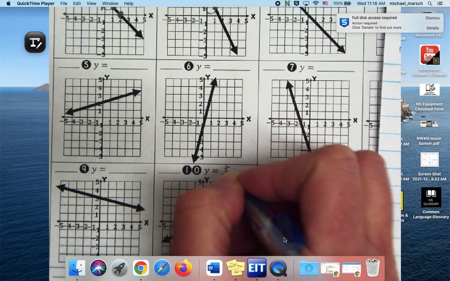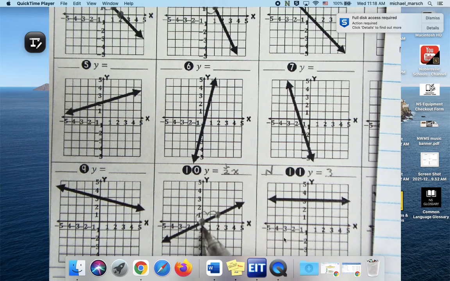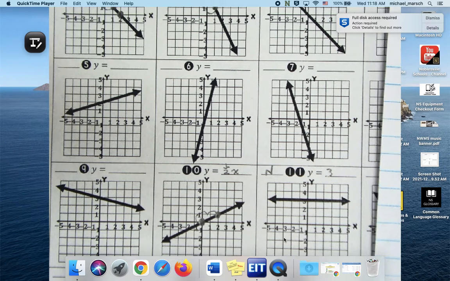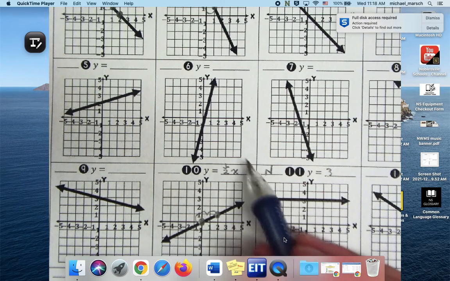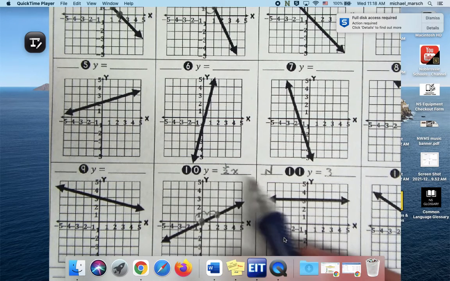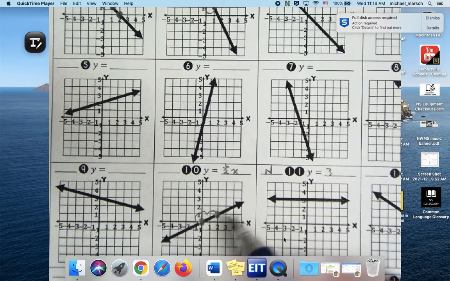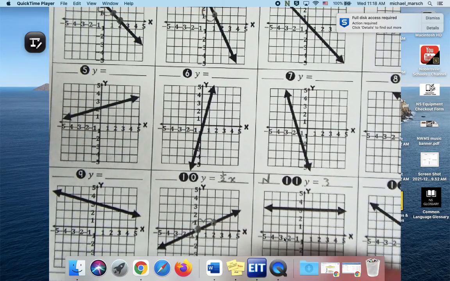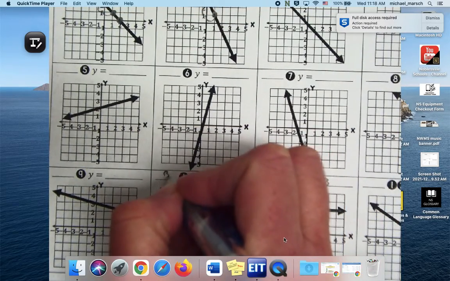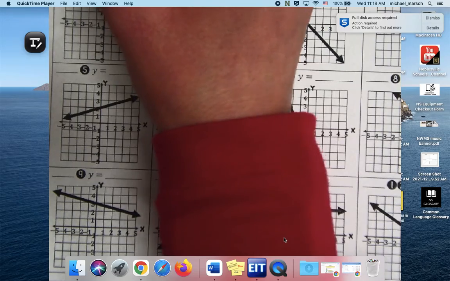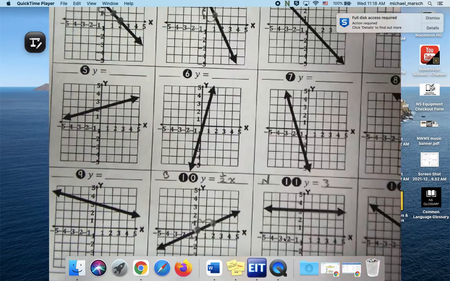So it's going to be 1/2 x. What's my y-intercept going to be? 0, 0. So I'm not going to have anything in my equation to show that. It's just going to be 1/2 x. So what letter? B. Then you'll just cross off B.